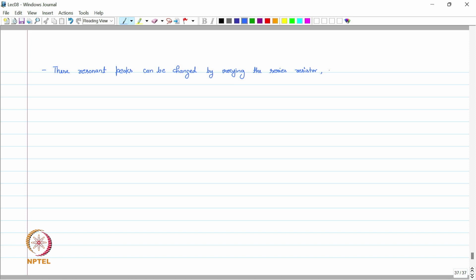And if we change this resistor, it actually changes the Q, or the quality factor.